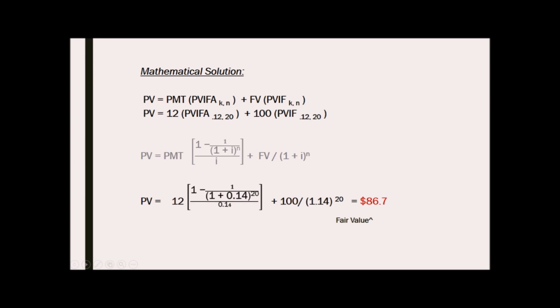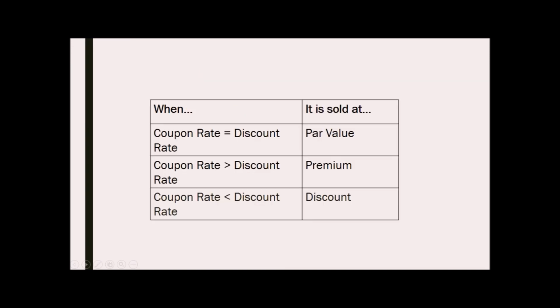As a result, the present value of the bond is $86.7. Comparing it to the discount rate, the bond is sold at a discount since the coupon is less than the discount rate. In the end, the beauty of fixed income securities is that the investor can expect to receive a certain amount of cash provided the bond or debt instrument is held until maturity and its issuer does not default.